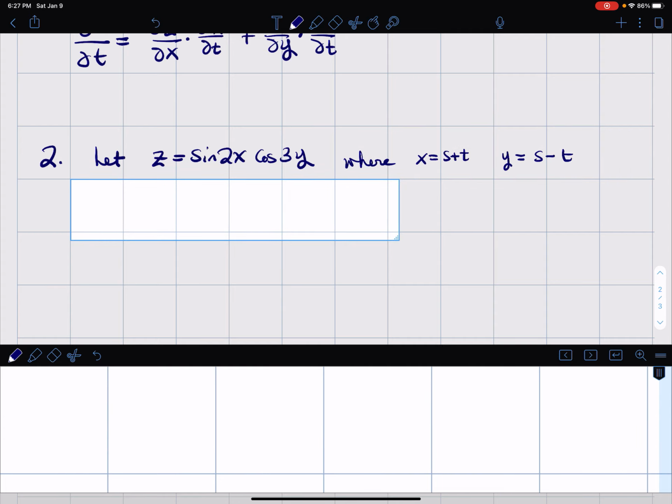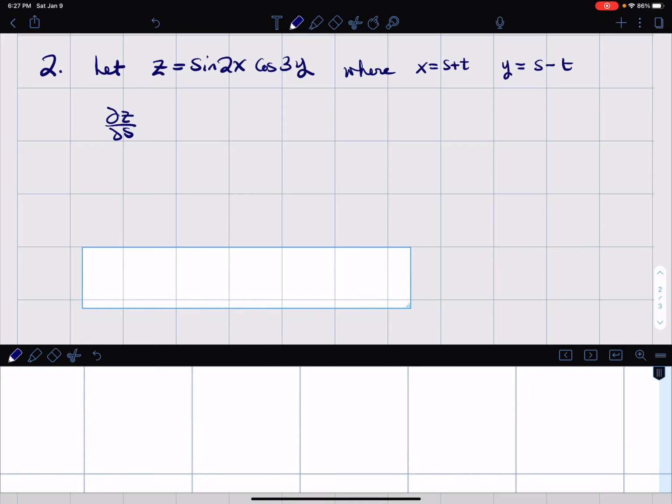And then we would like to find dz ds, and we would also like to find dz dt.